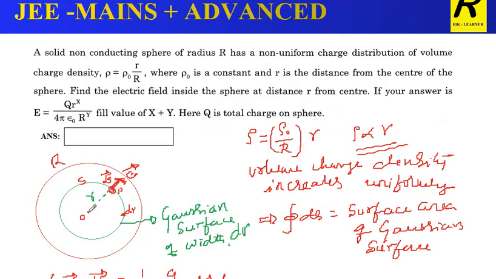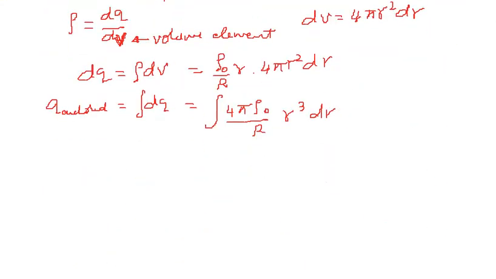I am simply integrating from the center to the point P. Only within this region, because I have to find the electric field at the point P, not at the surface. So for that, I have to integrate from r equals 0 to r equals r, small letter r. That arbitrary point should be kept in mind.